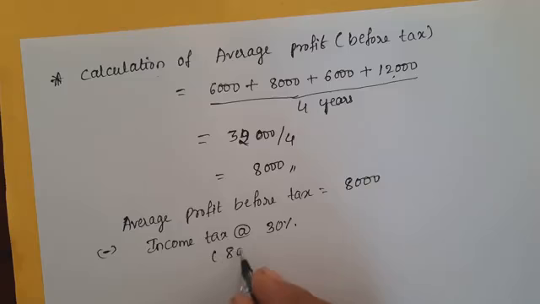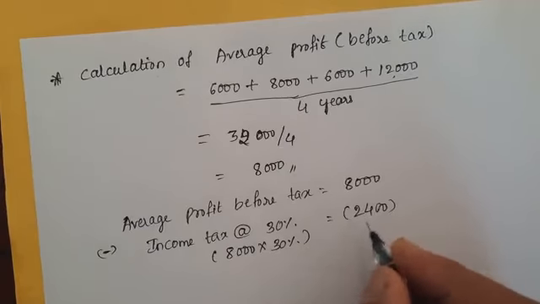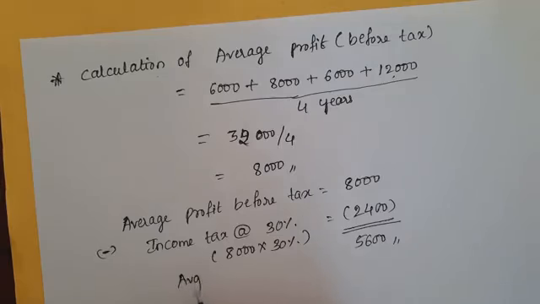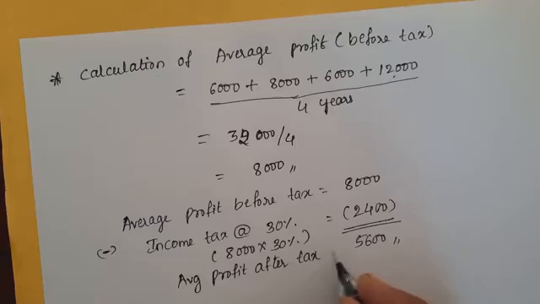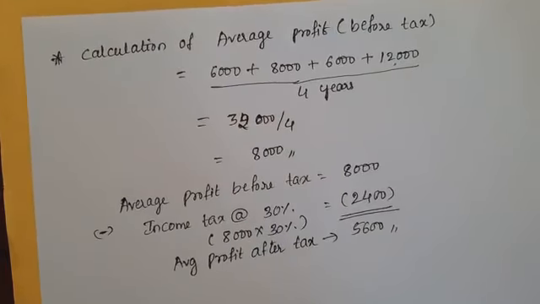It means that 8,000 into 30% is equal to 2,400. Then you will get 5,600. That is the average profit after tax. The average profit after tax is 5,600. This is the first step, that is calculation of average profit.